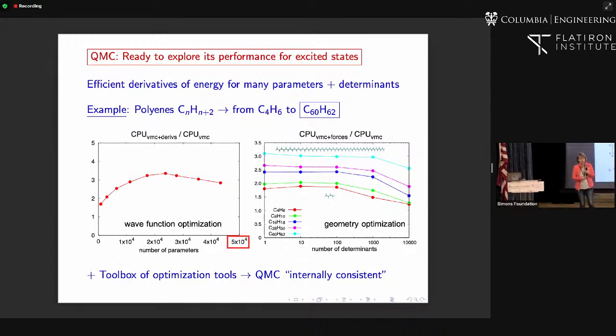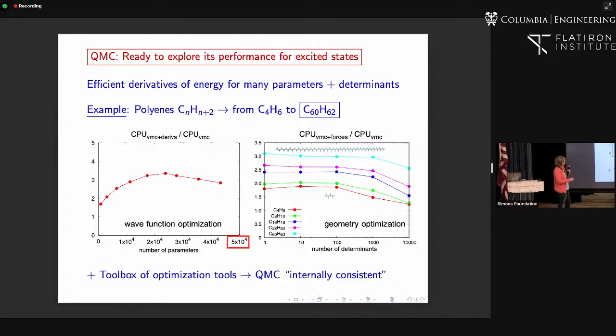What I'm showing here is a bunch of systems. We are going from butadiene, C4H6, to something as large as C60H62. On this side, what I'm showing is the cost of computing the energy plus the derivatives, with respect to the cost of computing the energy alone, if you're doing a wave function optimization.